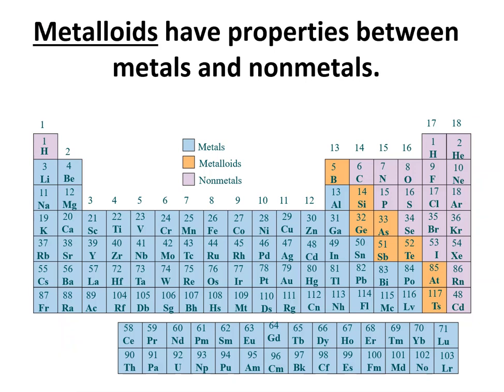Also on the periodic table along this zigzag, which that zigzag is right here, there are elements in orange that are metalloids. They have kind of in-between properties. Remember, metals, their main property is they tend to give up electrons, and the nonmetals up here tend to hold on to their electrons.